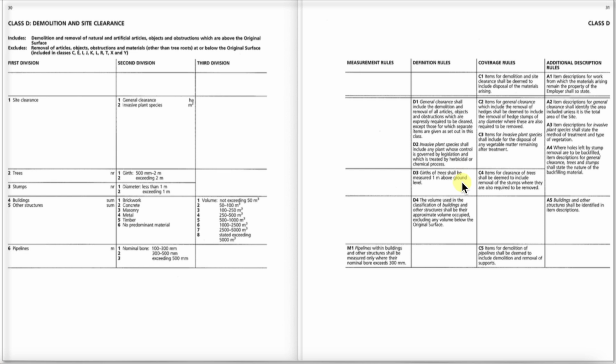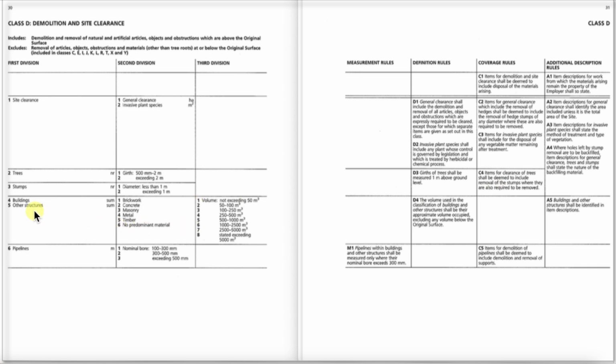So we measure it with our tape measure, and then we measure around the tree trunk, and that tells us what the girth range is going to be. C4, state items for clearance of trees shall be deemed to include the removal of the stumps where they are also required to be removed. And in most cases on civil engineering projects, you'll be taking out the stumps as well.